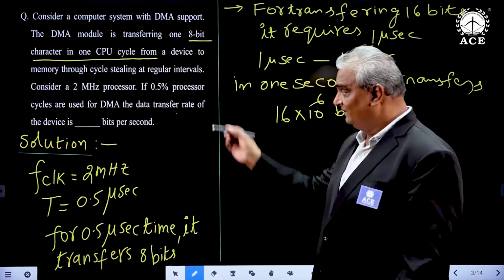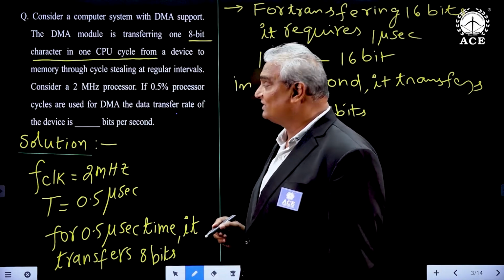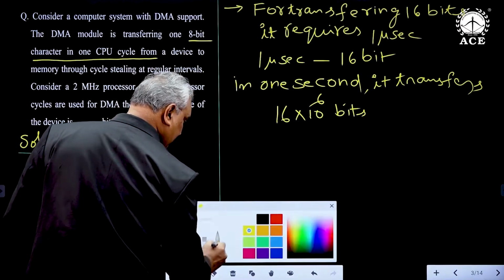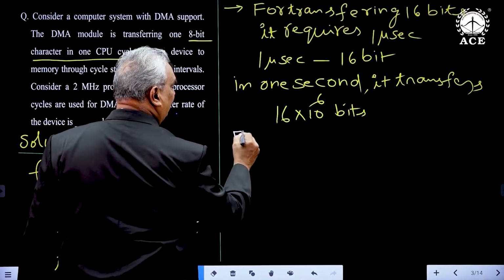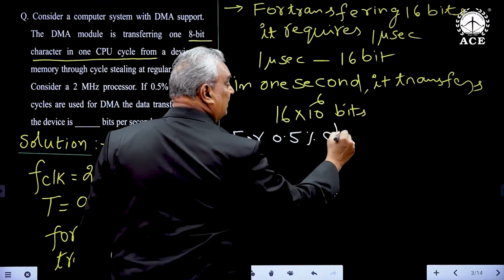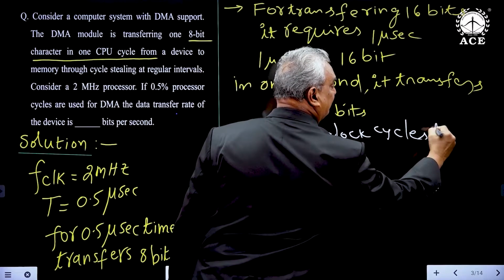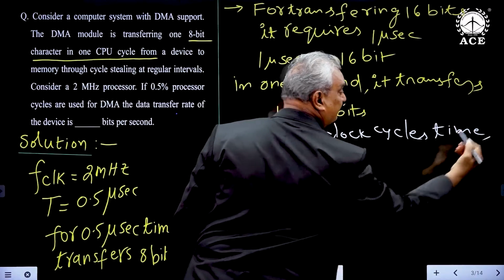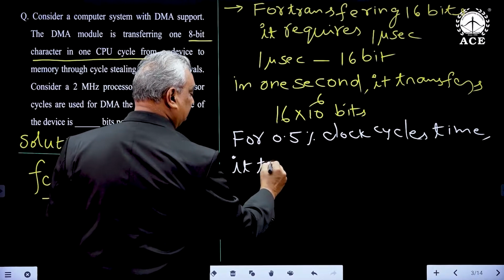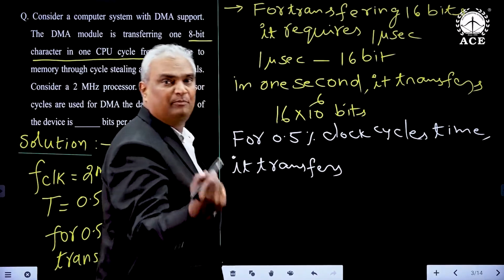But in the question, it uses only 0.5% processor clock cycle time. That's why, observe this, for 0.5% clock cycles time, how many bits does it transfer?